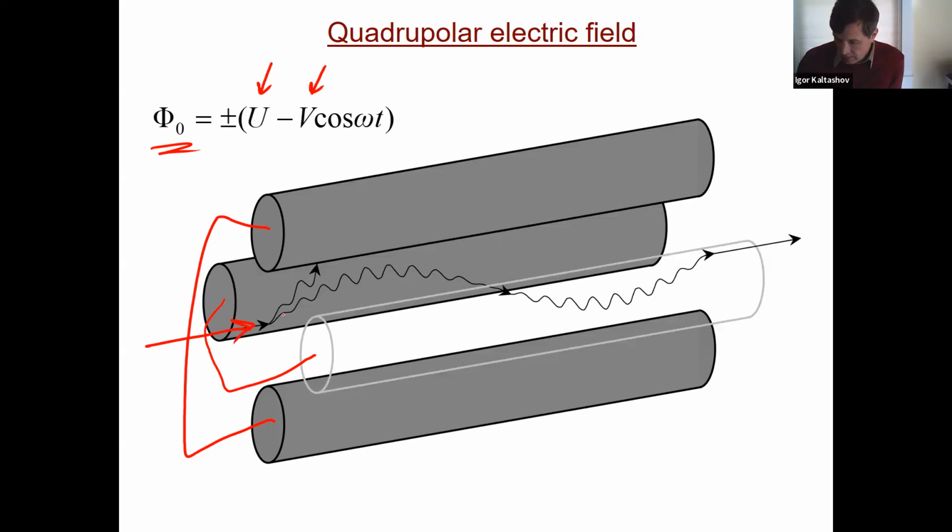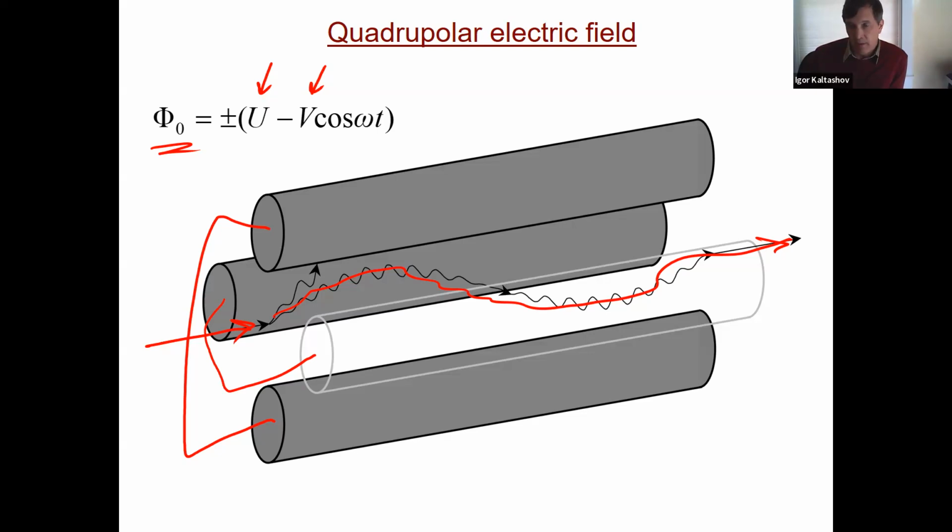But the important thing is that they would be able to make it through, and they would reach the detector. Other ions with different m/z values would not be able to make it through. They will assume unstable trajectories, and they will be thrown out of this region.